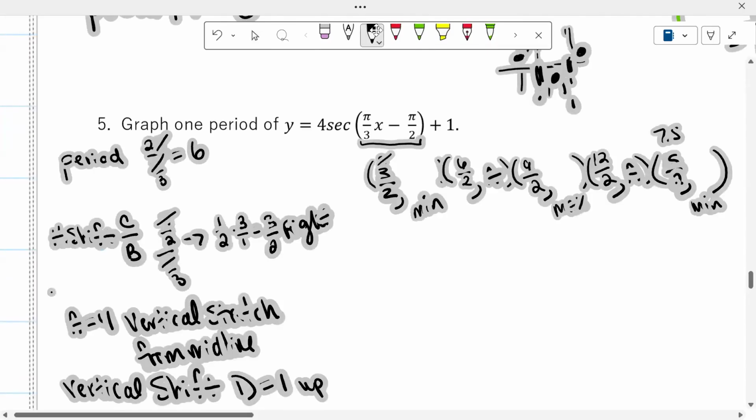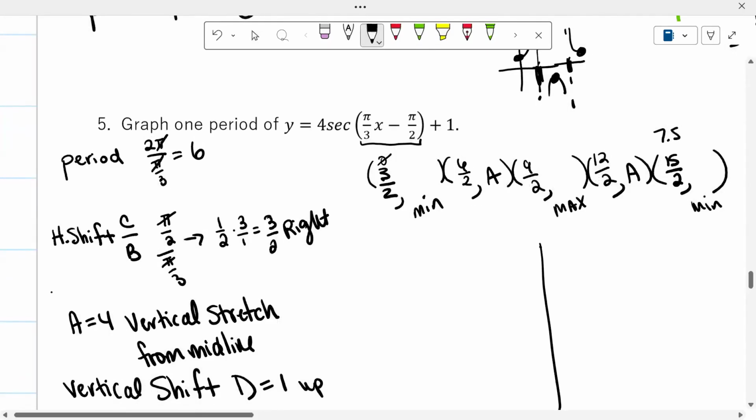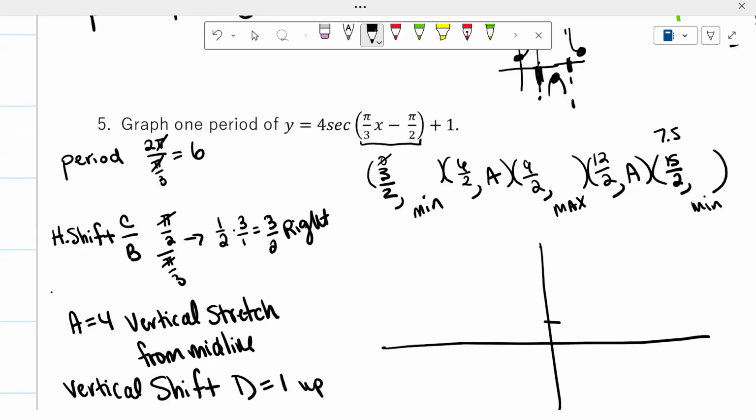Now, the notable thing here is this entire thing is being vertically shifted up 1. So this, not very well graphed, is the midline, right? At 1. Now my vertical stretch is 4 up from that midline. So this min will be at the 5 mark. 2, 3, 4, 5. 1, 2, 3, 4, 5, 6, 7.